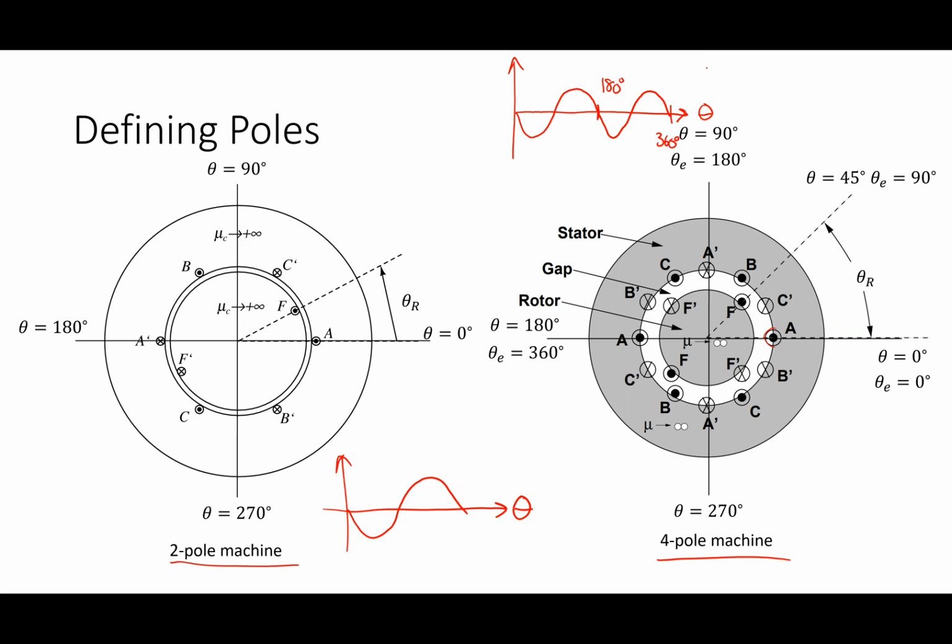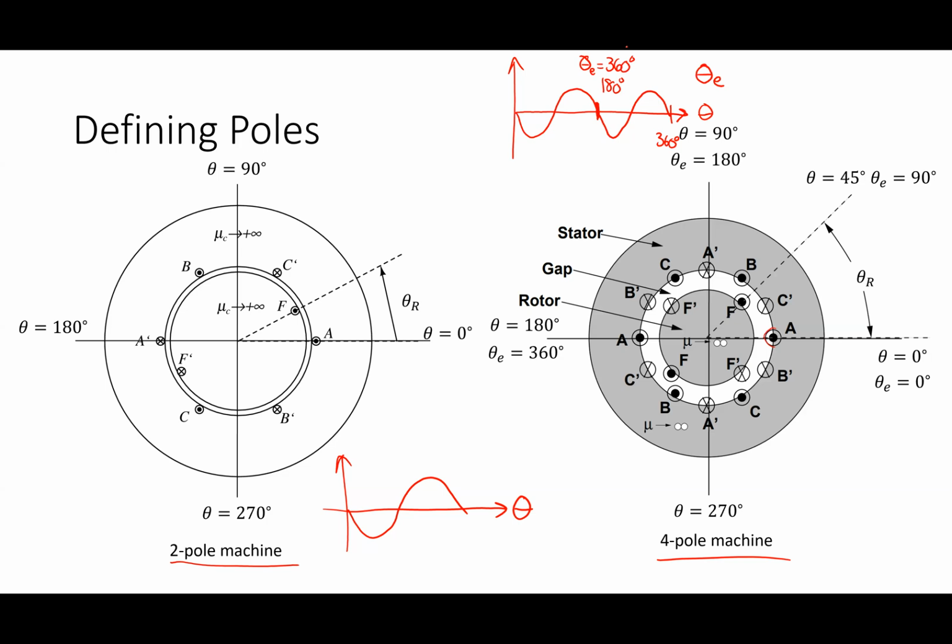And then we also define something that we call the electrical angle. Okay. And we say that this point, wherever I get through my first period, this would be theta E equal to 360 degrees. Right?